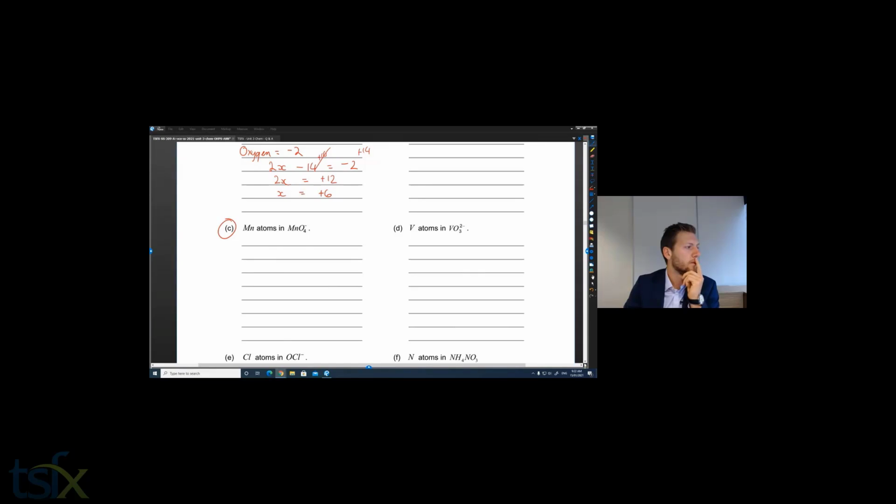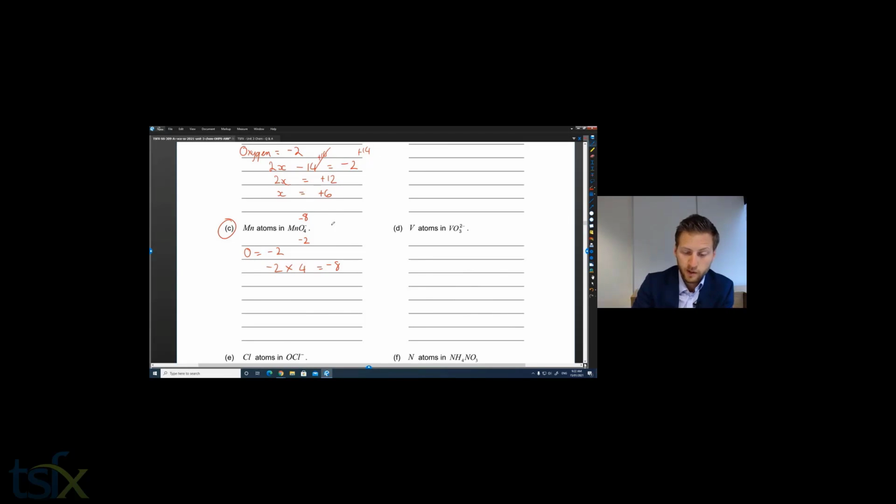Looking pretty good. 20 people, 34 people. Nice. Good one. All right, so MnO4-, we do the same thing. Oxygen equals -2. There are 4 of them, so -2 times 4 equals -8 is the overall charge on oxygen. So the individual contribution is down the bottom, the total contribution up the top.